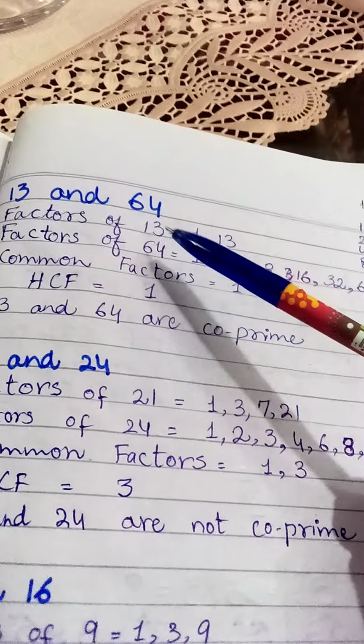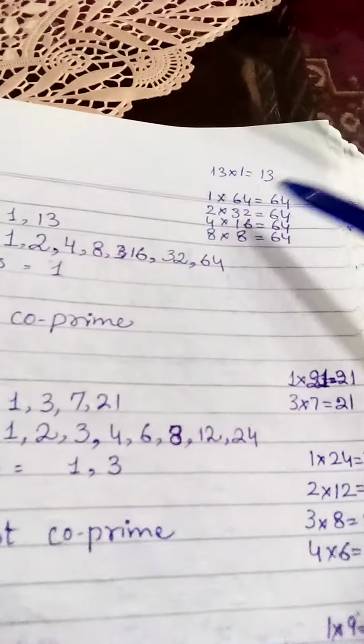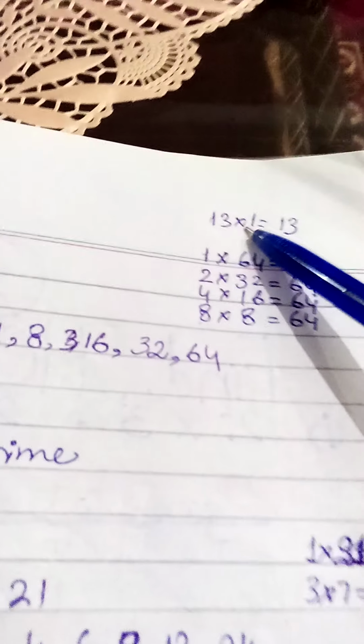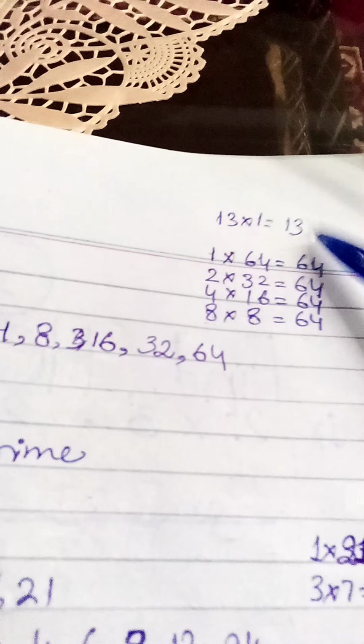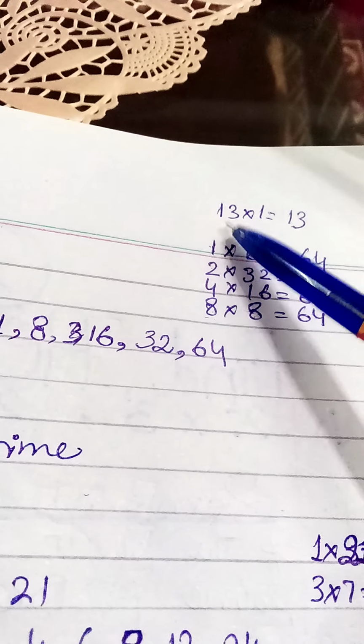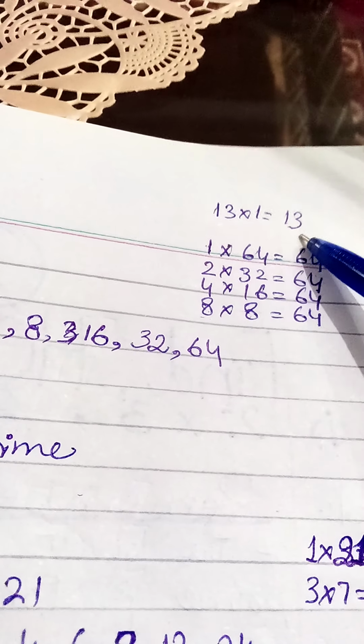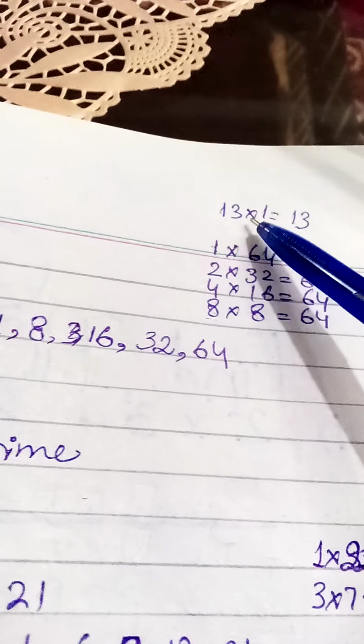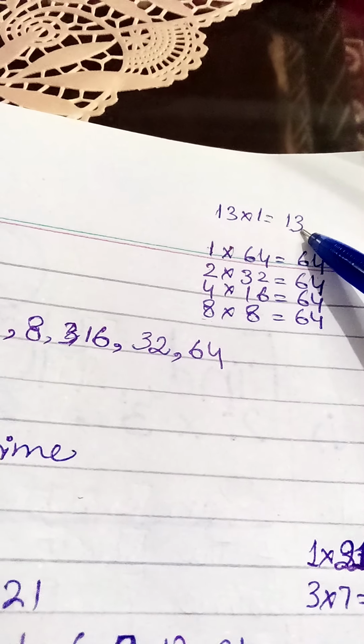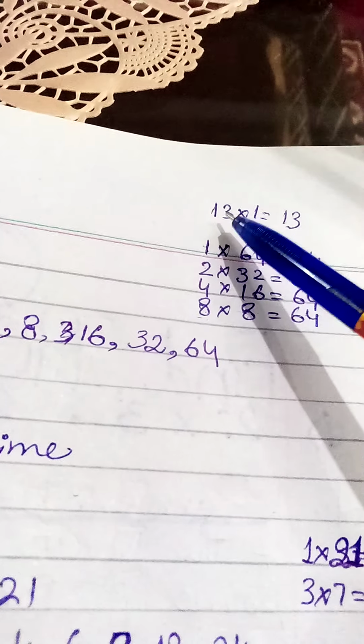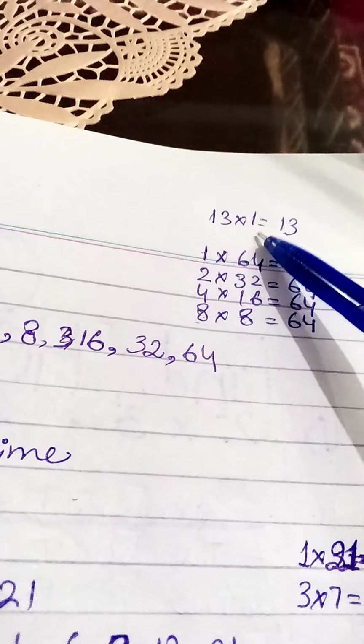First we will find the factors of 13 like this. We will find the pair whose product gives us 13, and there is only one pair which gives the product equal to 13. 13 times 1 equals 13.